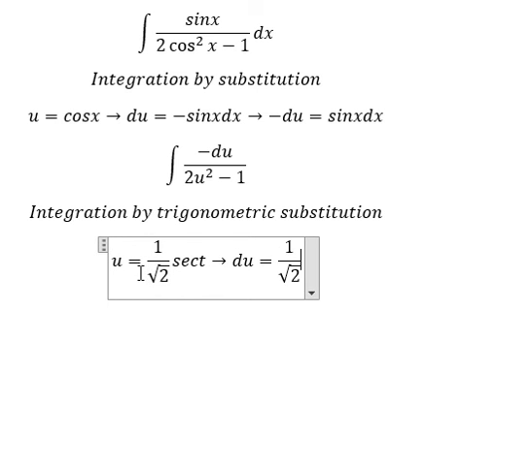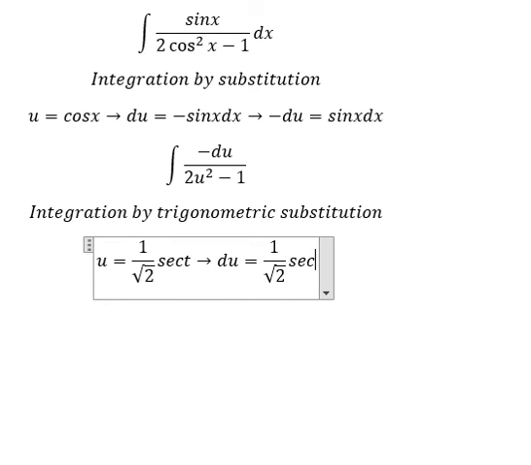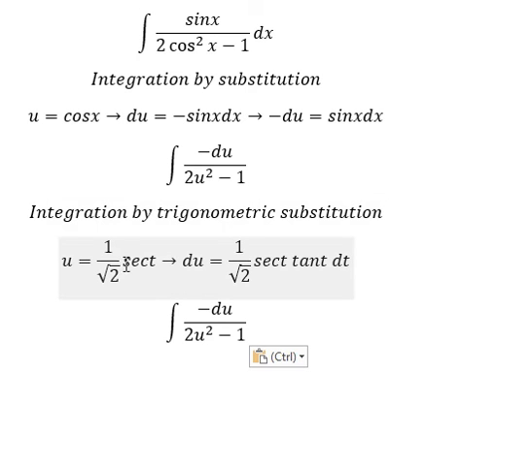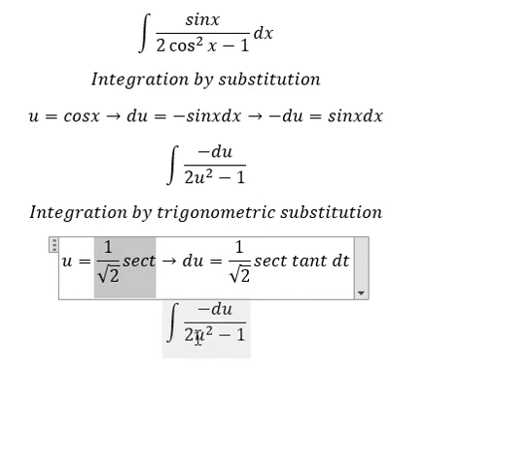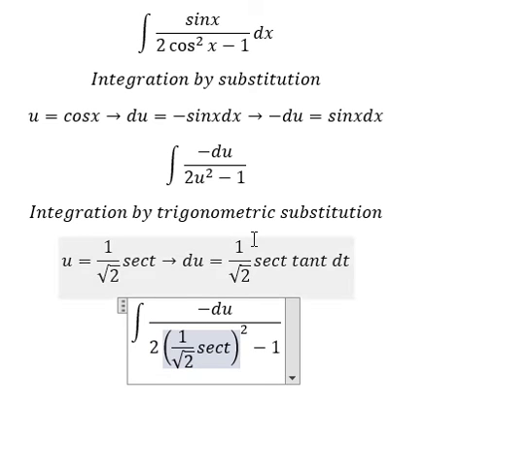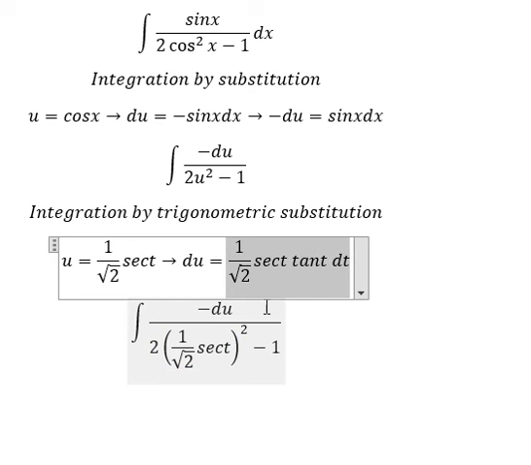So we need to do first the derivative for both sides, and we have like this. So I will put this one go in here. Du that is about this one.